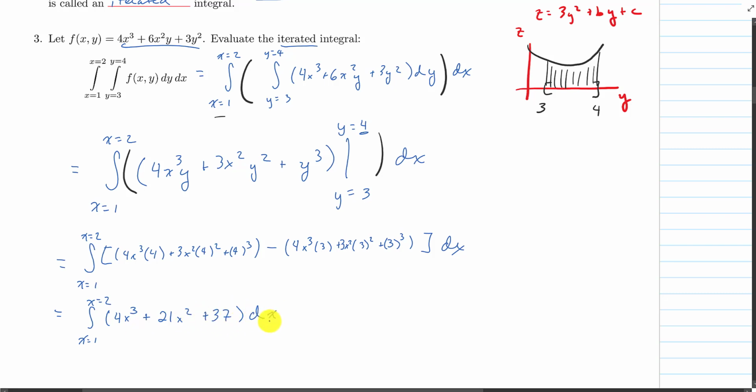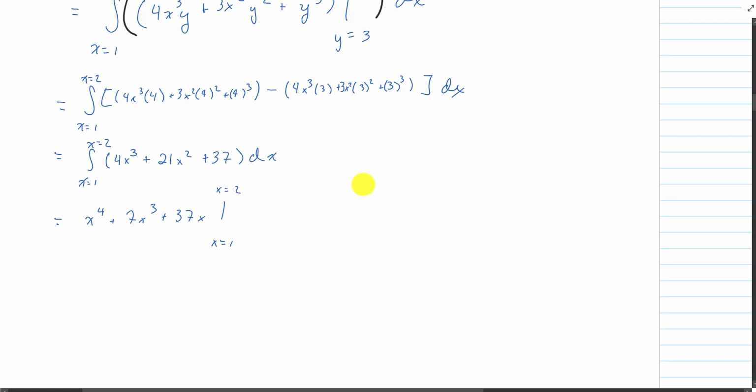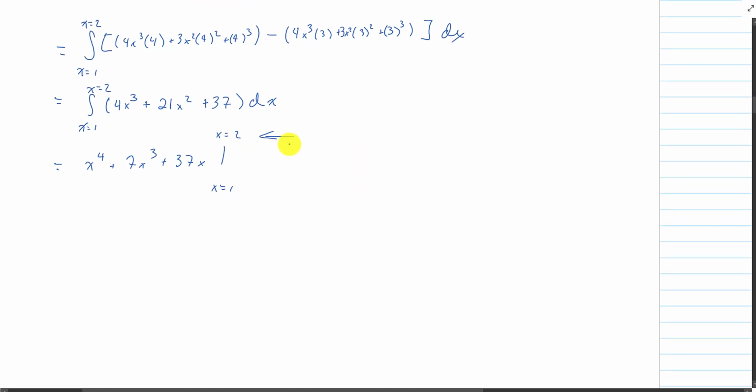At this point, notice that although we started with an integral nested inside of another integral, we're down to a Calc 1 problem. So I'll do this a little bit faster. Integrating this gives me x to the 4th power plus 7x cubed plus 37x evaluated from x equals 1 to x equals 2. Folks, you've probably gotten out of the habit of writing x equals 1 and x equals 2 in those integration bars.